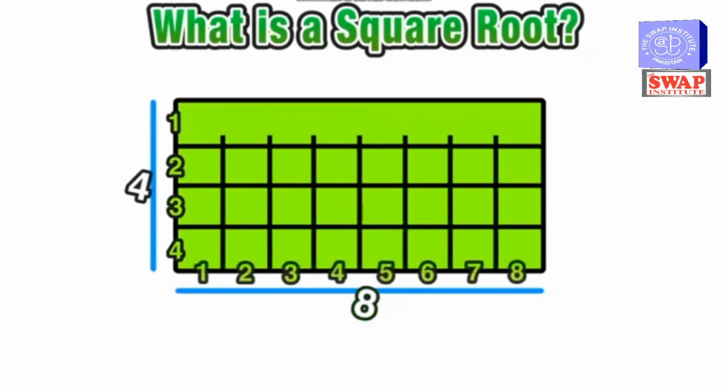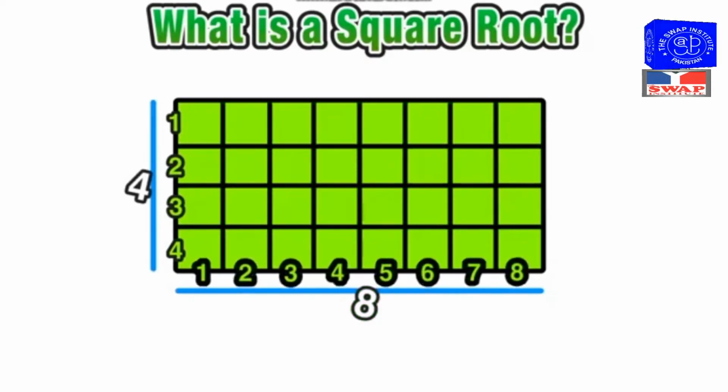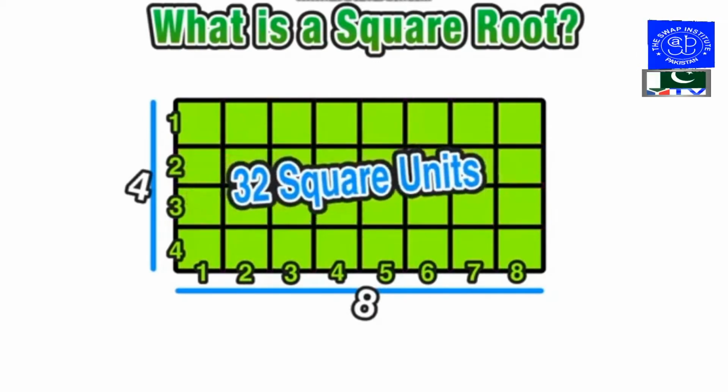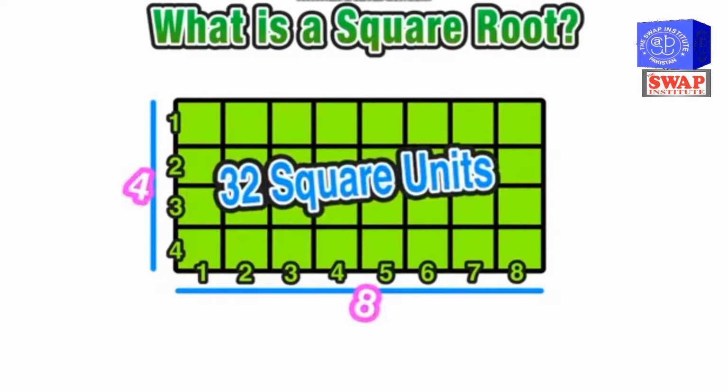Now we have some squares that make up the inside area of the figure. As we know, length times width, that is 4 times 8, makes 32.